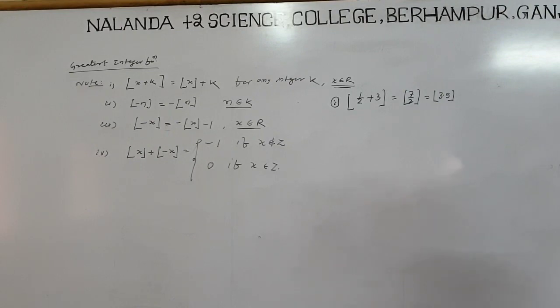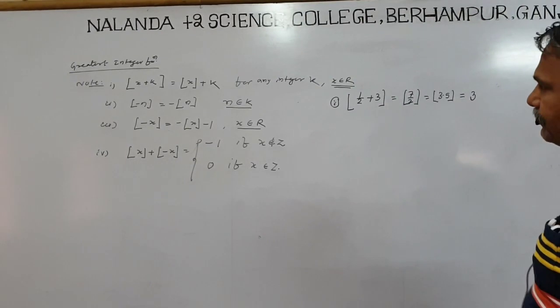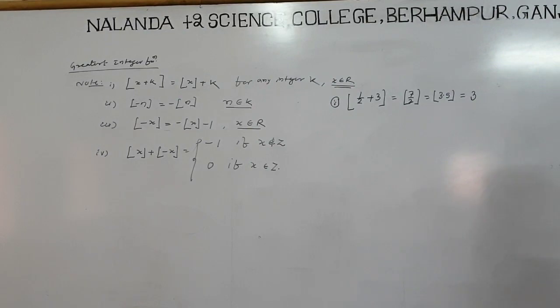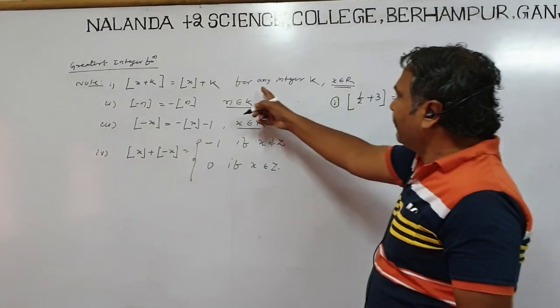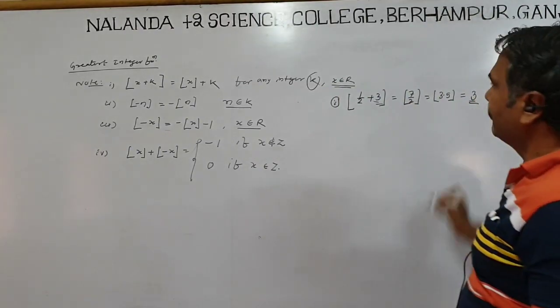Or what is the value of this one? According to the definition of the greatest integer function, it is 3. So 3 for any integer k is 3.